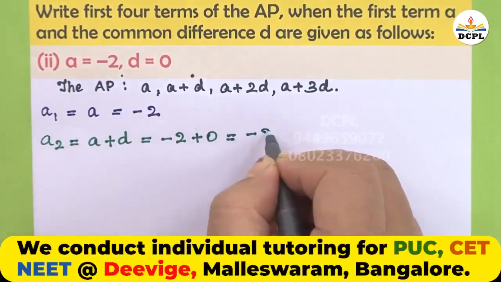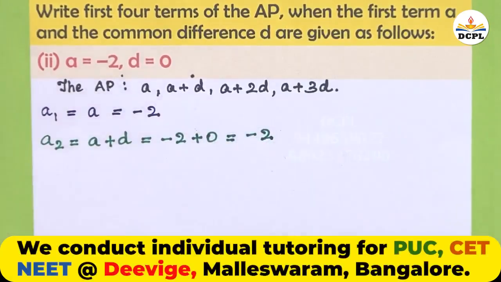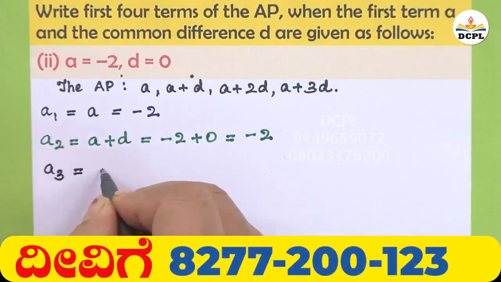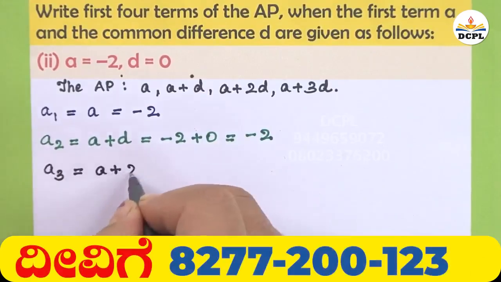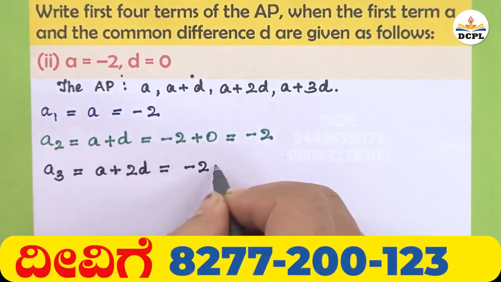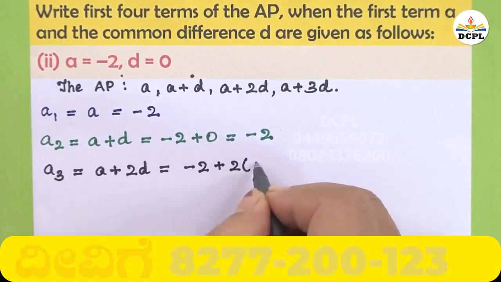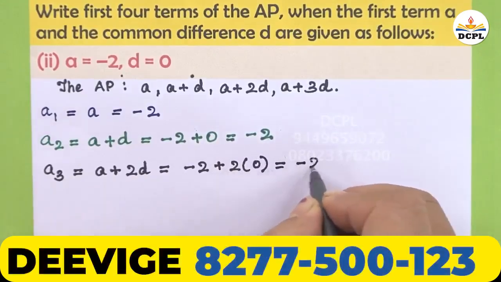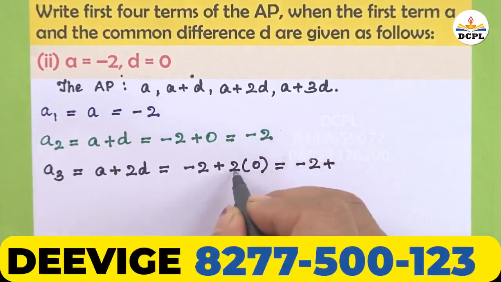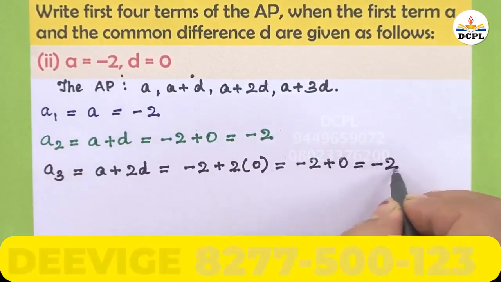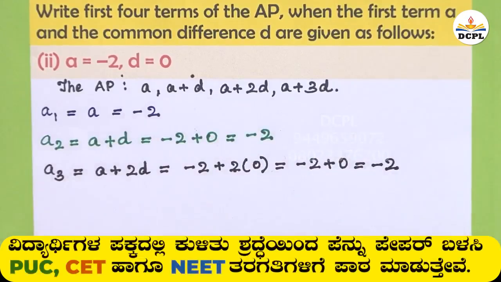So the second term is also going to be -2. Now let's proceed to find the third term. The third term is given by a plus 2d. So now -2 plus 2 into the value of d, which is 0. So -2 plus anything multiplied by 0 is going to be -2 plus 0. So the third term is also going to be -2.